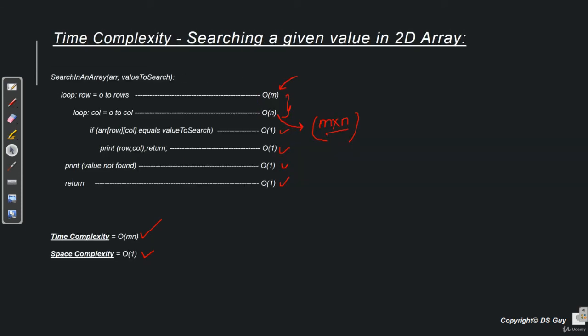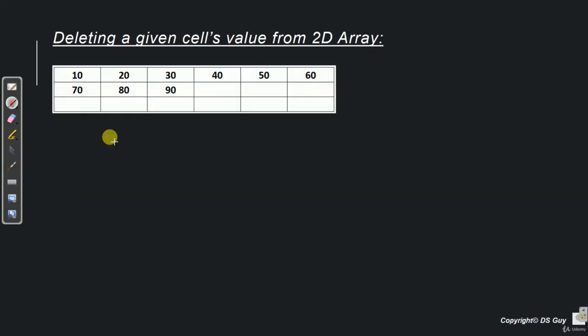Fine. Now let's see the last operation, which is deleting a value from an array. So deleting a value from a 2D array is exactly the same as how we delete a value in a 1D array. So let's say if we want to delete this value 80 over here, all that we have to do is say array row number 1 column number 1 is equal to Integer dot MIN_VALUE.